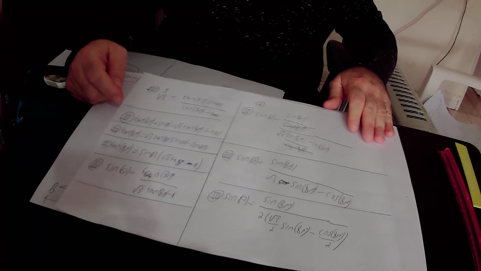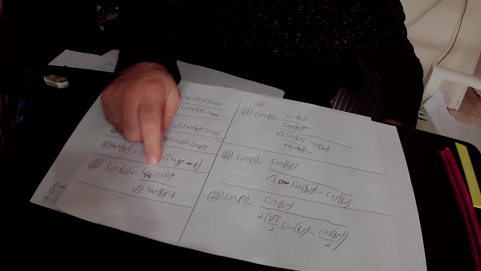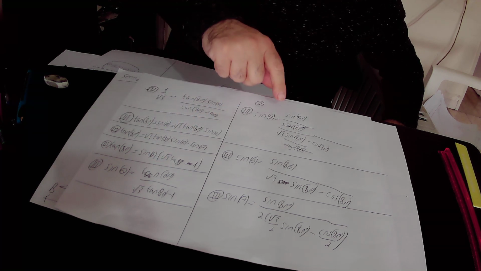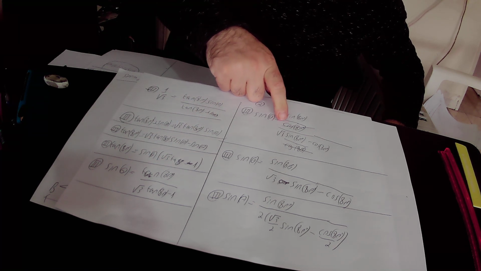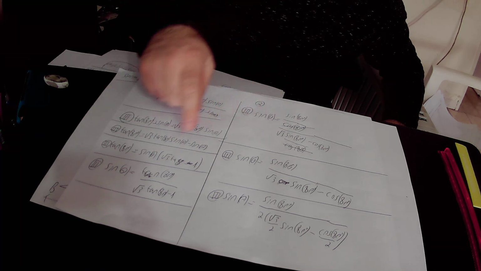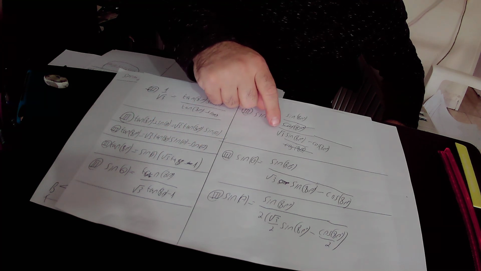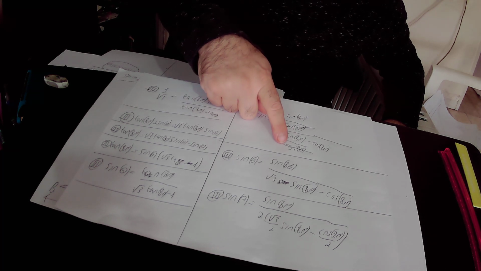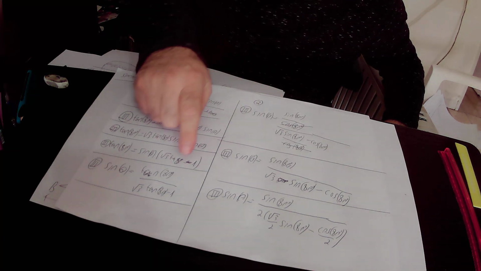Okay, then we know that tangent 80 degrees equals sine 80 degrees over cosine 80 degrees, so we substitute tangent 80 degrees by sine 80 degrees over cosine 80 degrees. In the denominator we have square root of 3 times tangent 80 degrees, which is sine 80 degrees over cosine 80 degrees, and minus 1.